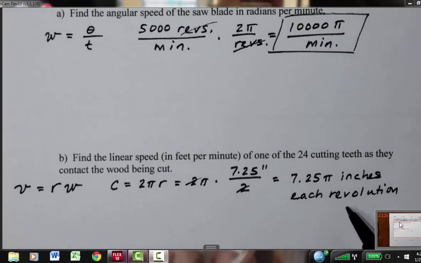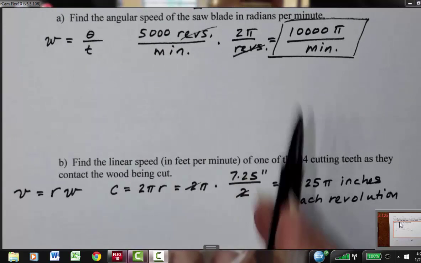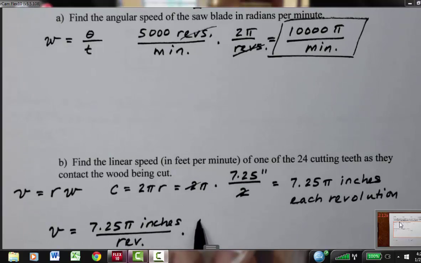And then how many revolutions did I have? Well, I had 5,000 revolutions. So then my linear speed is 7.25 pi inches per revolution times 5,000 revolutions per minute.